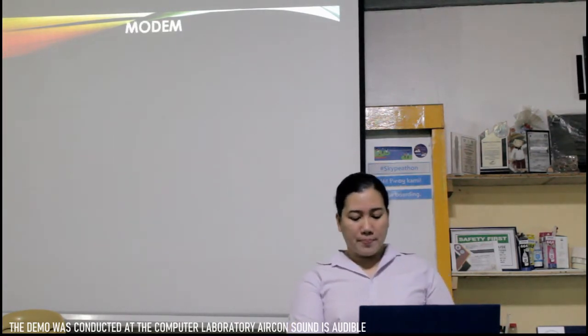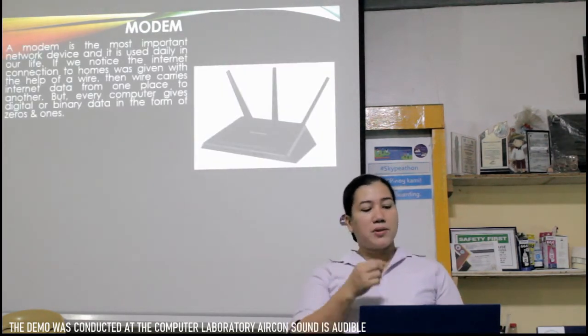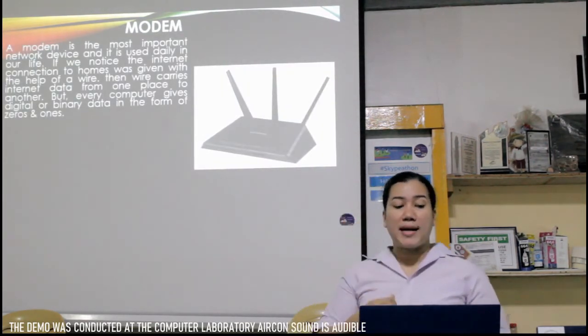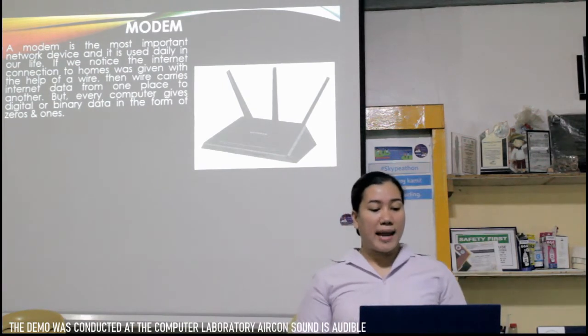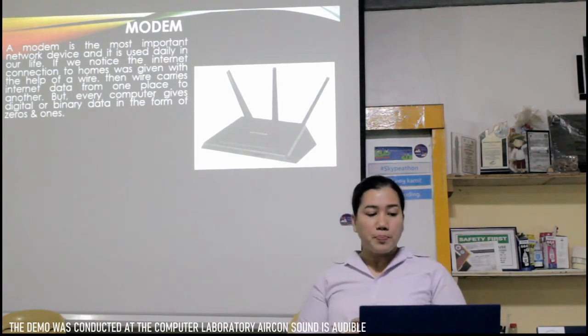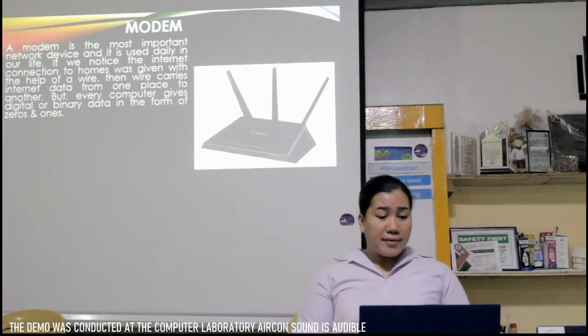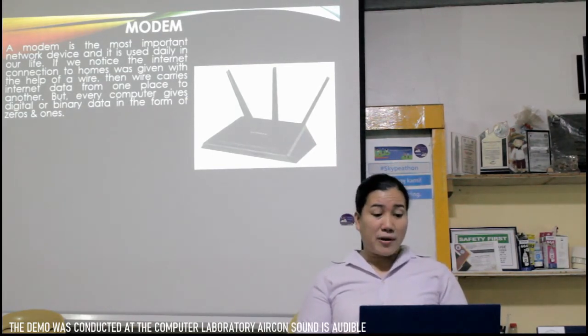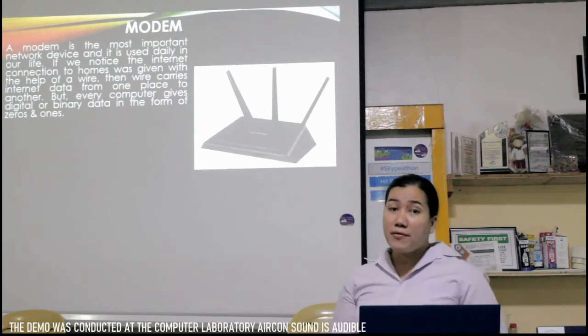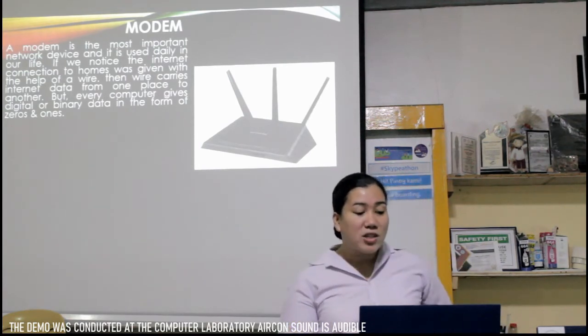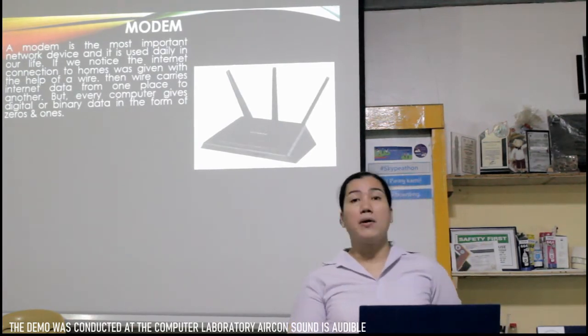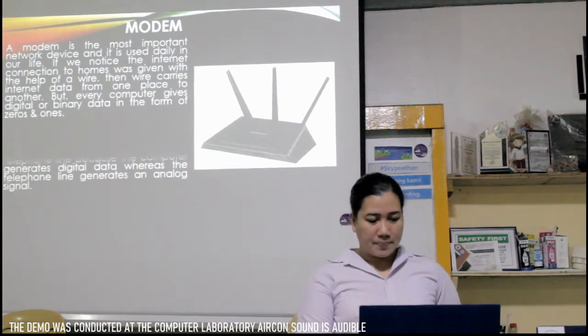Next, we have the modem. The modem is the most important network device, and it is used daily in connections at home, provided with the help of a wire. The wire carries internet data from one place to another, but every computer gives digital or binary data in the form of 0s and 1s.